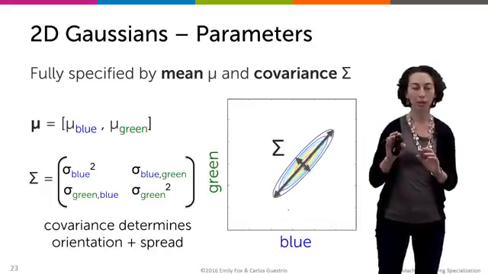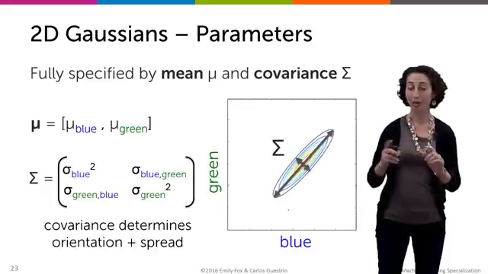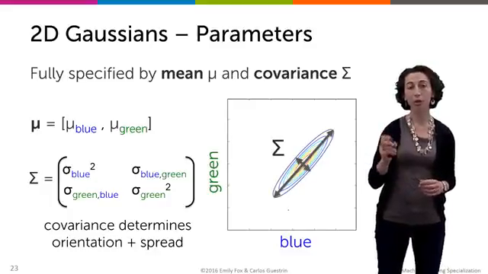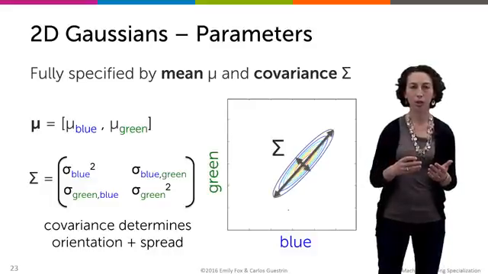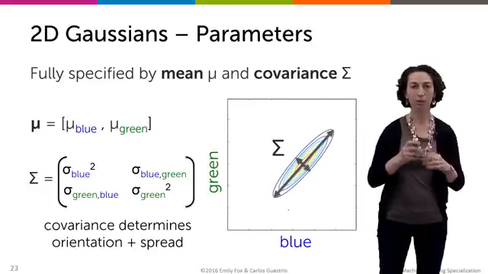But then we have this other parameter, sigma blue comma green, or green comma blue, and actually those are the same value because it's a symmetric matrix. That's not actually a detail you really need to know. But anyway, what those off-diagonal terms specify is the correlation structure of this distribution. So what's the orientation of these ellipses?